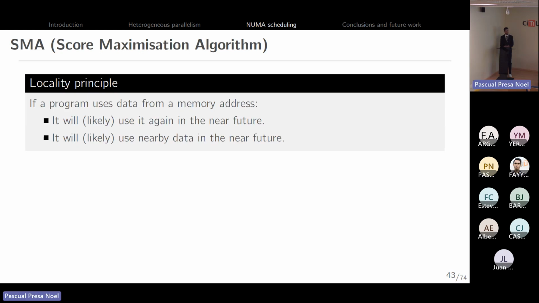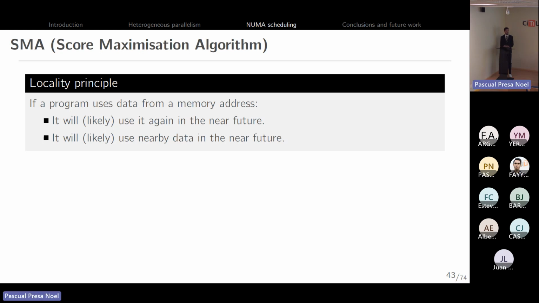This algorithm is heavily based on the locality principle, which states that if a program uses a piece of data, it's very likely that the program will use that piece of data again in the near future, and that the program will use nearby data in the near future.